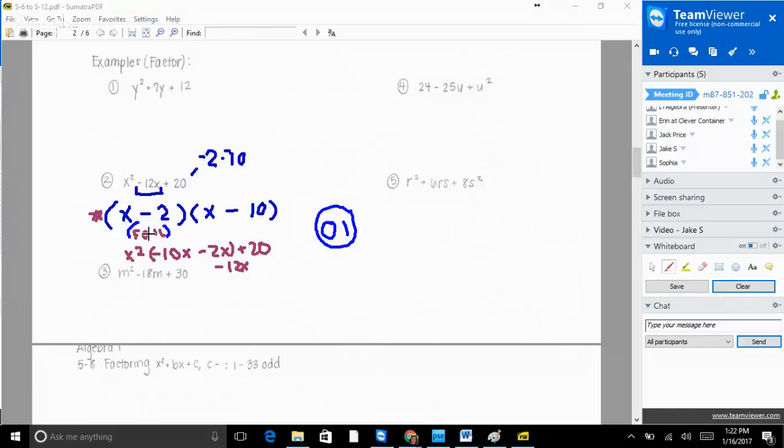So I don't need you to necessarily show me x squared and 20 at the ends. It doesn't even have to be a perfect, written out FOIL. But for this one, you could just write, okay, the outside is negative 10x plus negative 2x, which is negative 12x. That could be enough. You don't have to write FOIL and all the steps out. Sure. Any other questions?